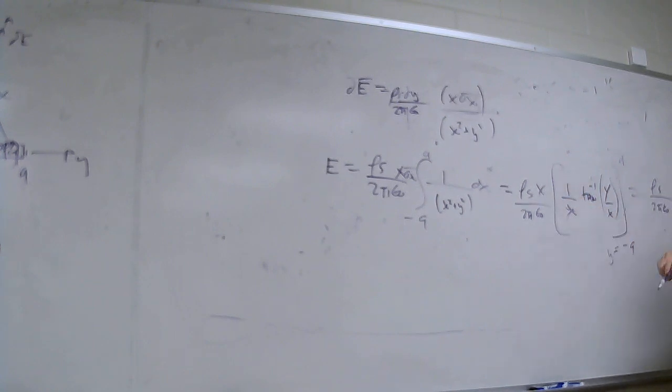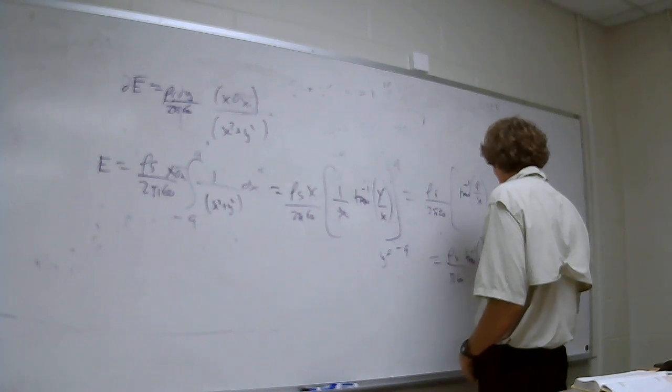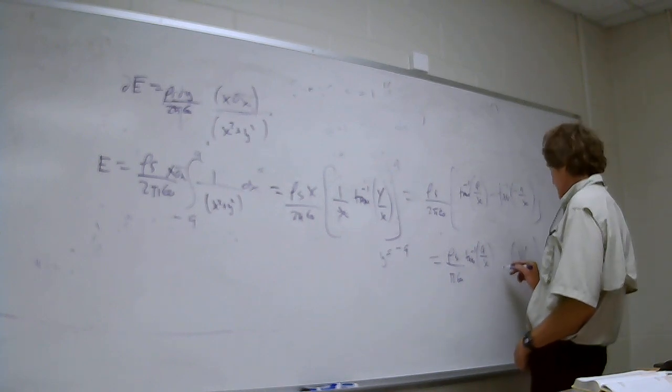This x and this x cancel, so then I get the inverse tan of a over x minus the inverse tan of minus a over x, and that should be a plus there, so it looks like it's going to be rho s over pi epsilon naught times tan minus 1 of a over x. Is that the answer? And that would be in volts per meter in the a x direction.